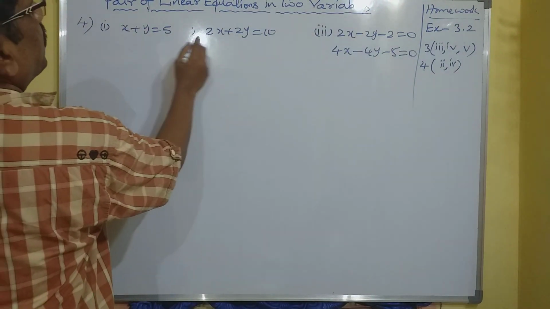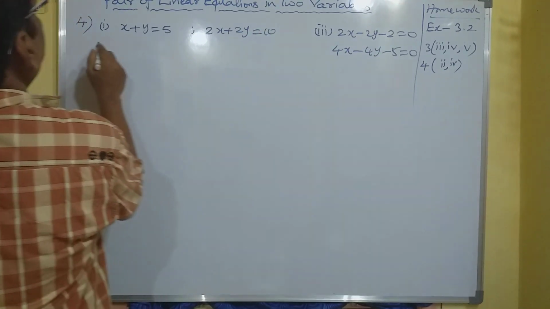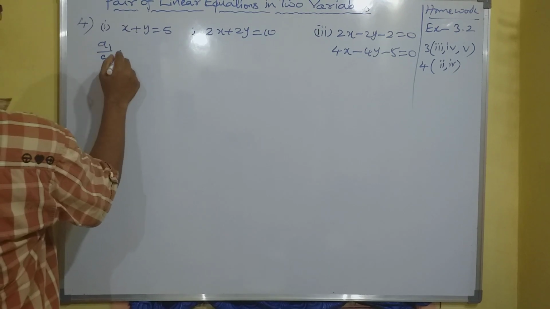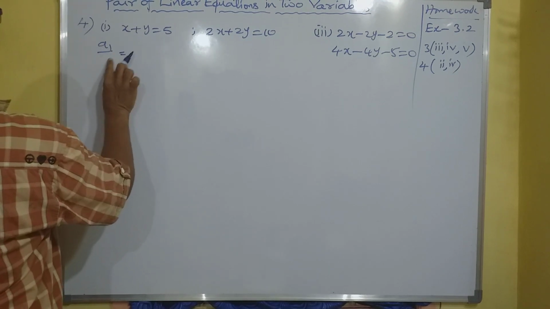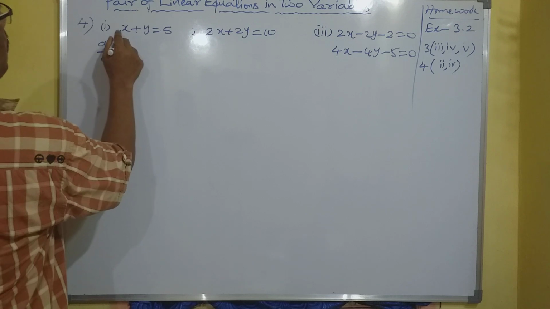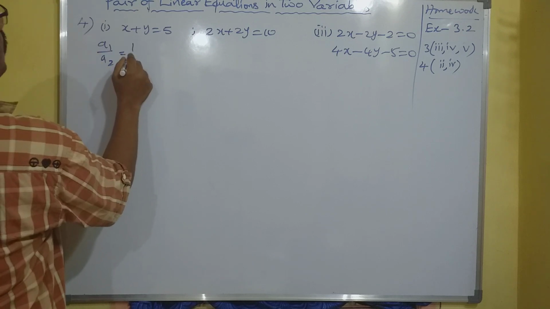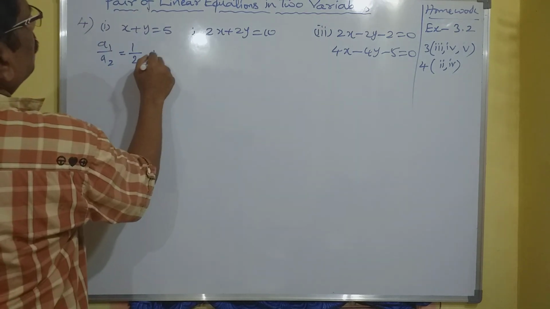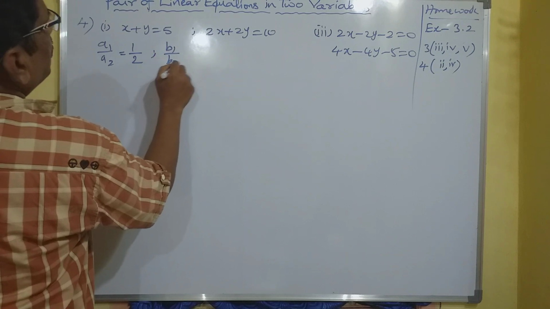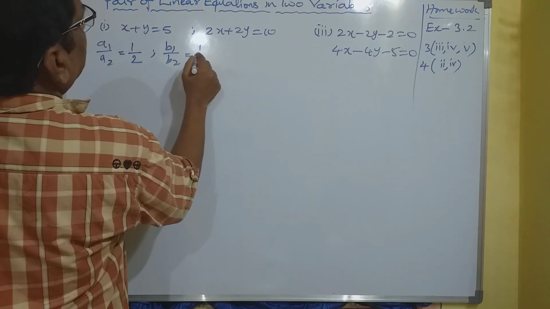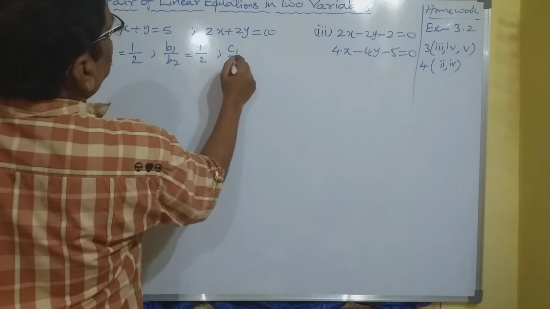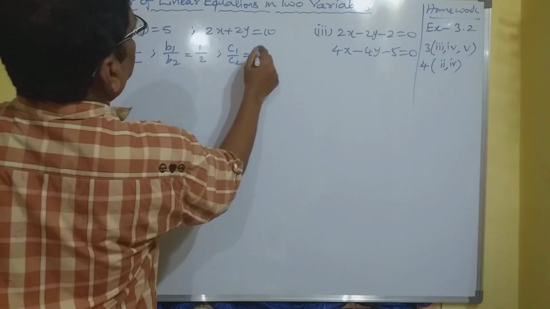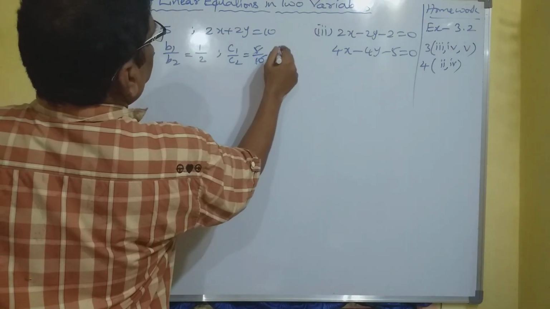x plus y is equal to 5. 2x plus 2y is equal to 10. Let us write a1 by a2. Here the x coefficient is 1 and here the x coefficient is 2. Here b1 by b2, the ratio of the coefficients of y, is 1 by 2. And c1 by c2, 5 by 10, is nothing but 1 by 2.